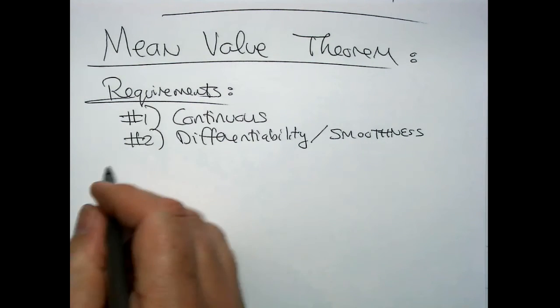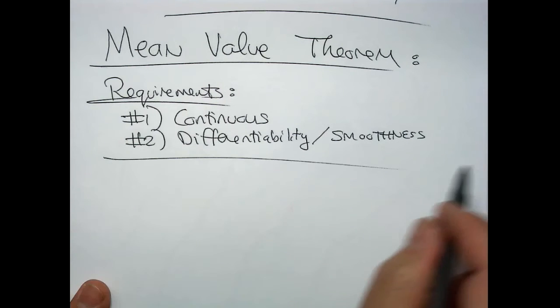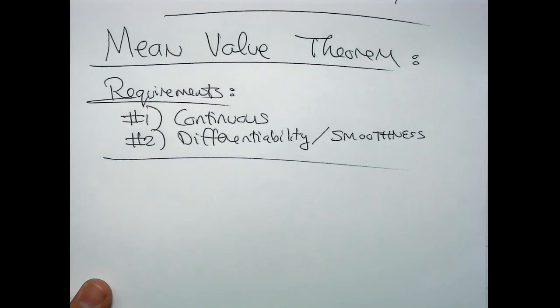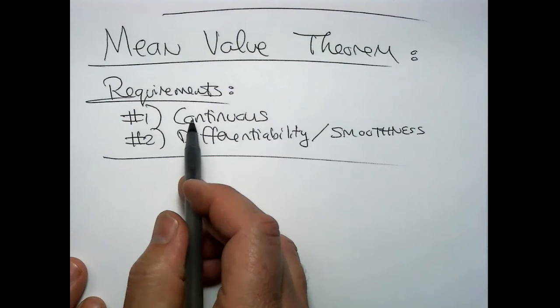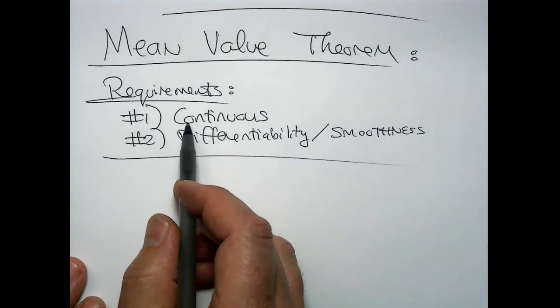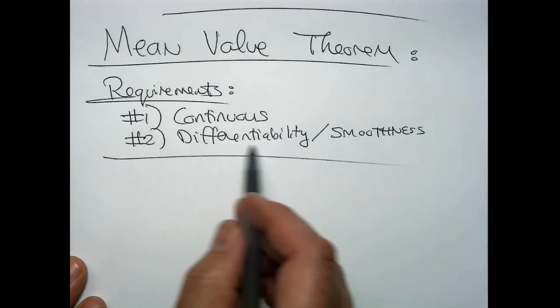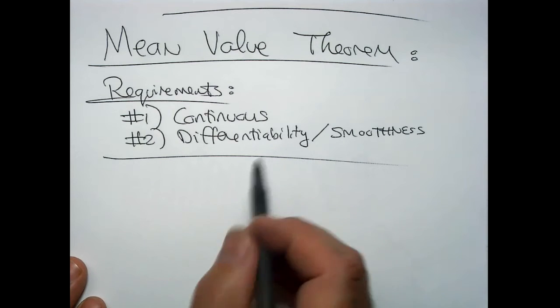Third requirement, we don't have one. Therefore, it's easier than Rolle's in that regard. So there's only 2 things to look for. Function's continuous, just make sure you don't divide by 0 or take the square root of a negative number. And the function is differentiable or smooth on the interval.